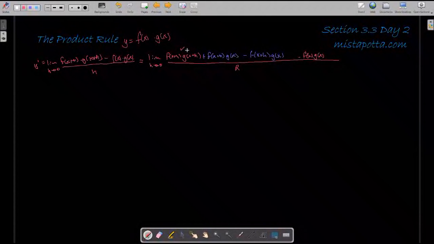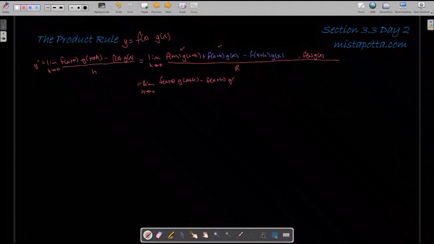So I'm going to take a look at these first two terms and write this as a limit. The limit as h approaches 0 of f of x plus h times g of x plus h minus f of x plus h times g of x, all over h.